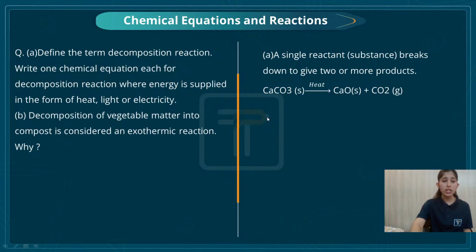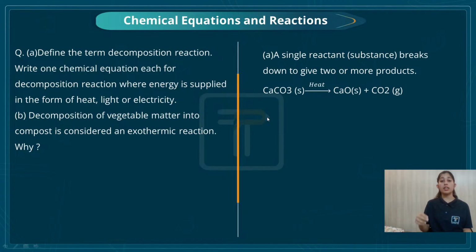Okay. Second question. Decomposition of vegetable matter into compost is considered as an exothermic reaction. Why? We all know that vegetable matter means organic matter. When organic matter decomposes, it is considered an exothermic reaction. Why is it considered an exothermic reaction, students?